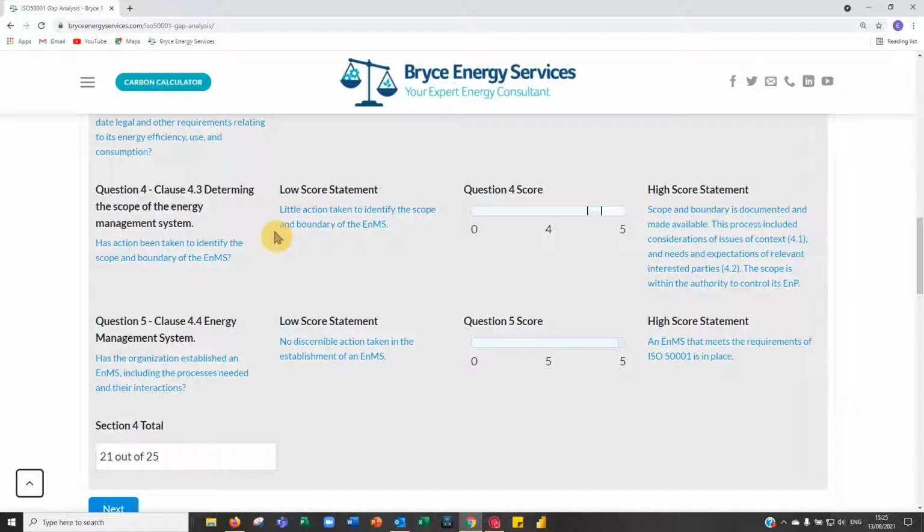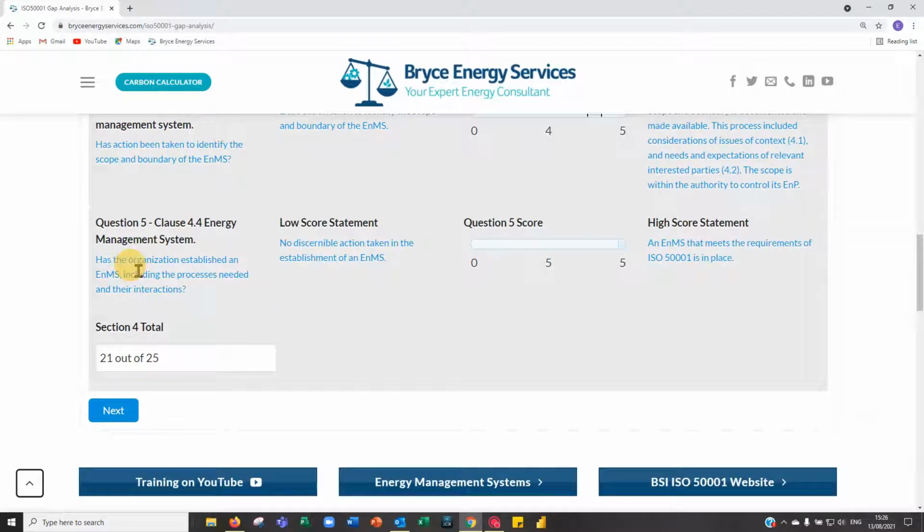It doesn't have to be your full organization, but it has to be very clear what exactly is included in the scope, but also that within the context of your organization, the energy management system certainly includes the bulk of the energy use within your organization. So 4, 5 there.